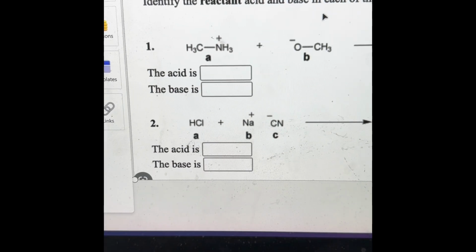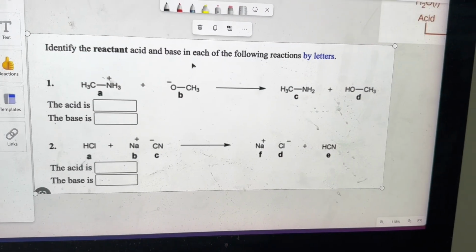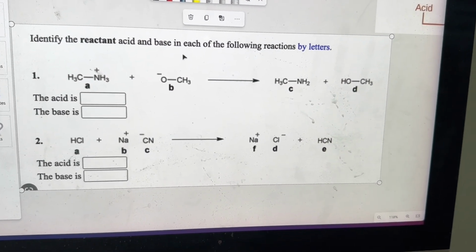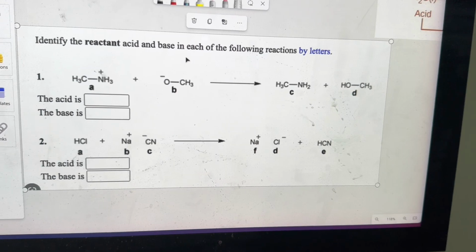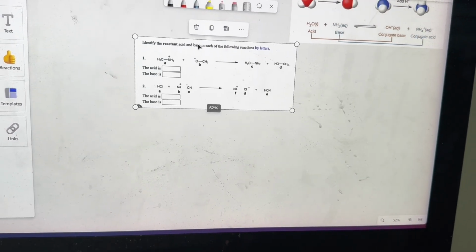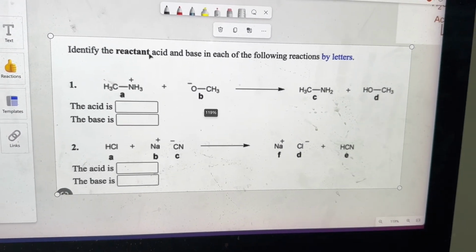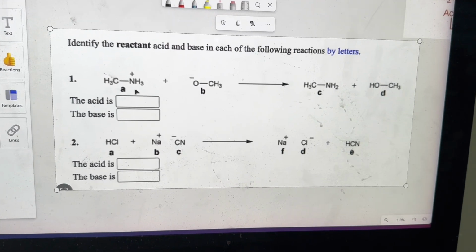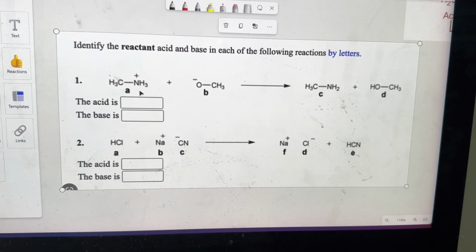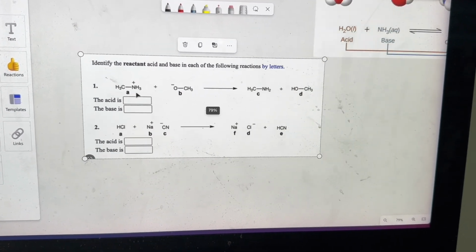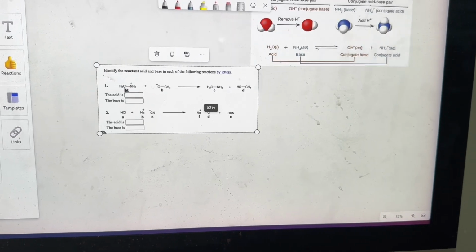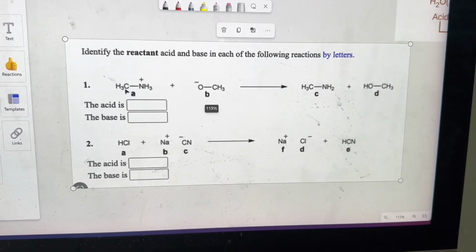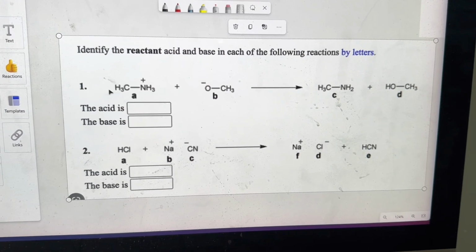So if you look right here, we have this weird substance that's got NH3 plus and H3C. This little line right there, that little stick, is just showing that these things are connected.